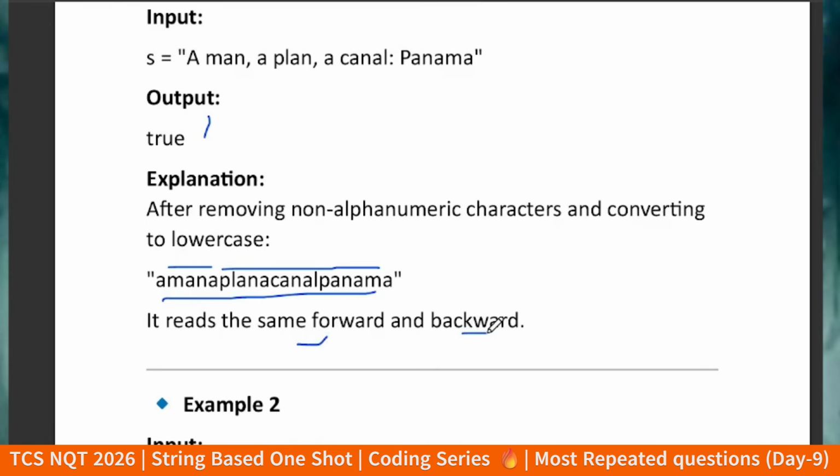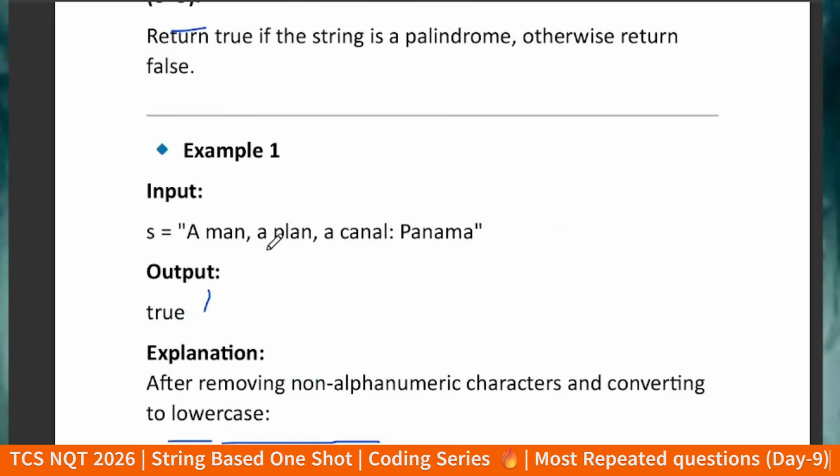So what is the main catch? They are not asking directly about a palindrome string, but you have to apply a little bit more logic. The little bit of advancement in this question is that you have to remove all the non-alphanumeric characters and spaces, combine all the values by converting them into lowercase, and check whether the original and the reverse are equal or not.